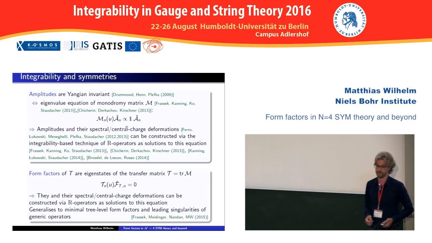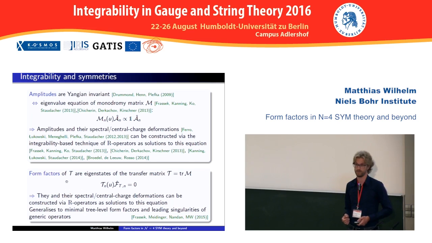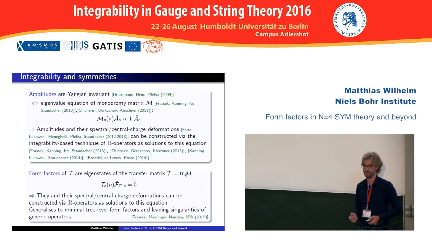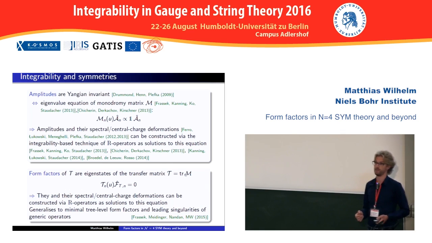For form factors of the stress tensor supermultiplet, we have again found a similar situation. Those form factors are no eigenstates of the monodromy matrix. However, they are eigenstates of the transfer matrix that is given by taking the supertrace of the monodromy matrix.